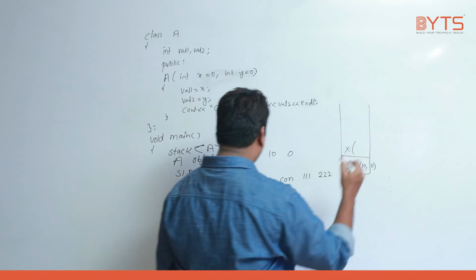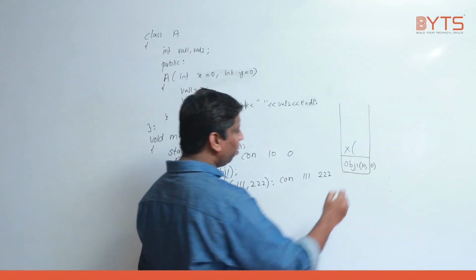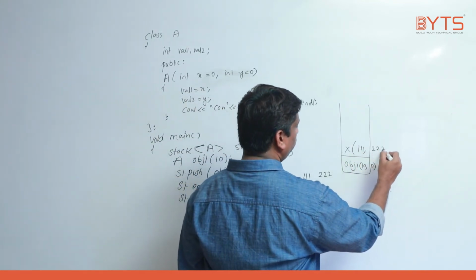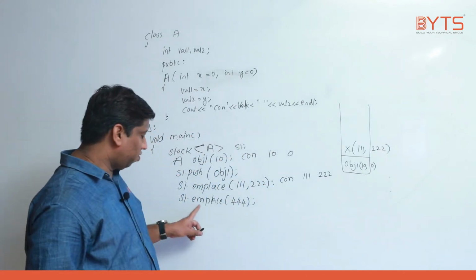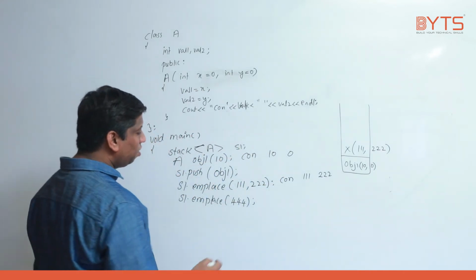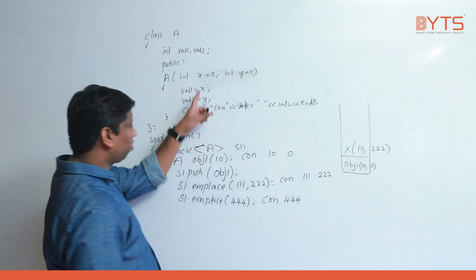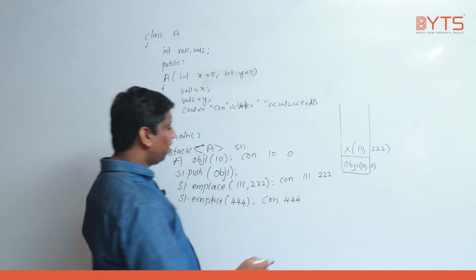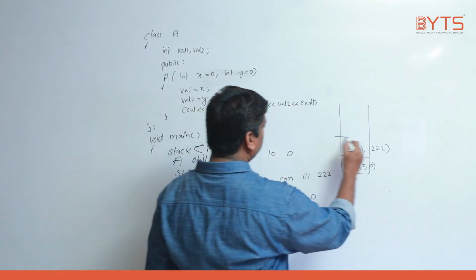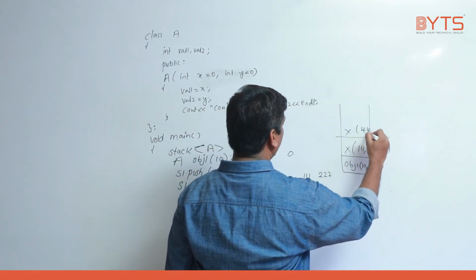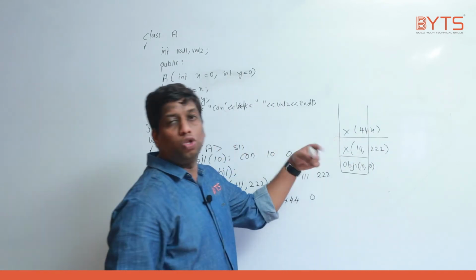What is the name of the object? I don't know. But the object is created with what values? 111, 222. Next, whenever you say s1.emplace, another object is created. That object is created with what value? 444, because it's a variable number of arguments. X value will be 444 and y value will be 0. So another object is created with x value 444, and I don't know the name of the object, right?